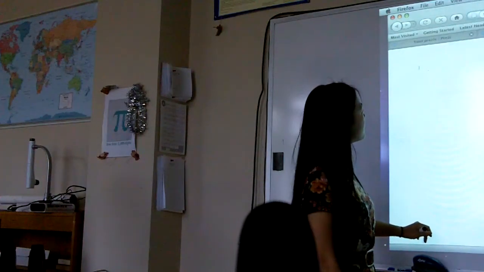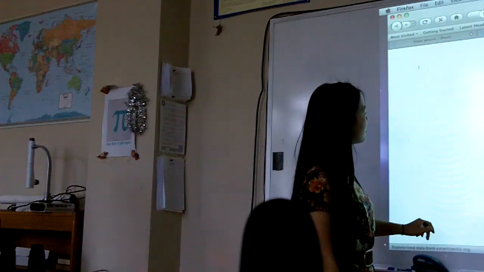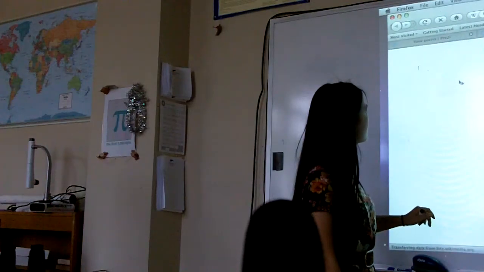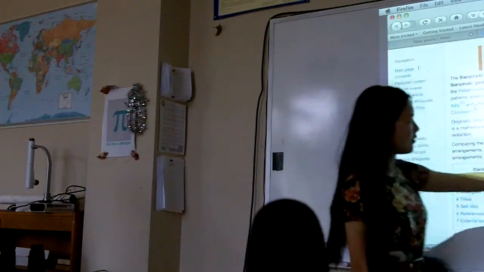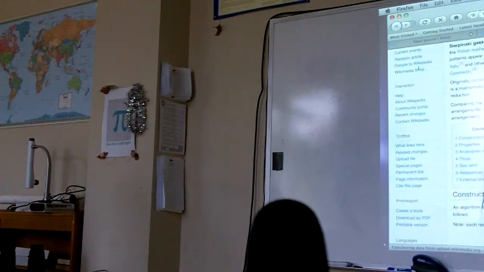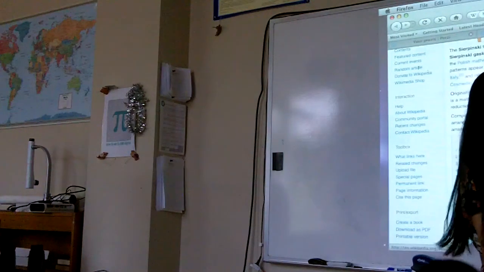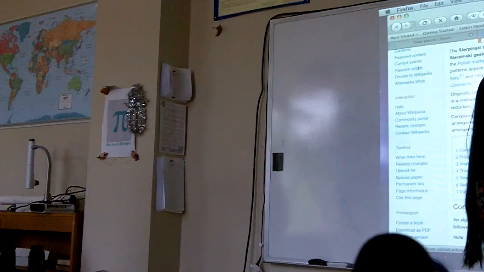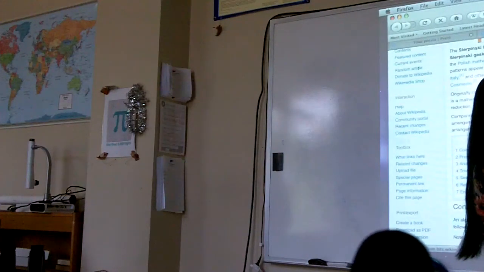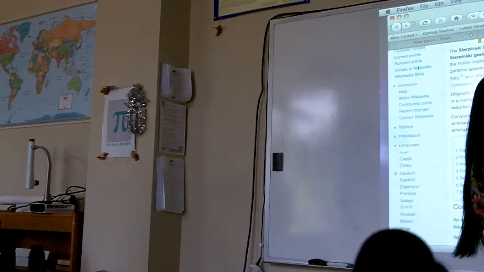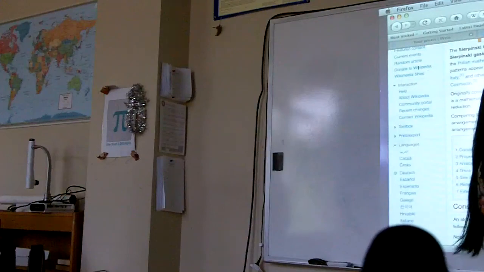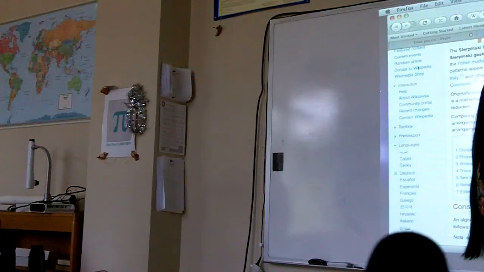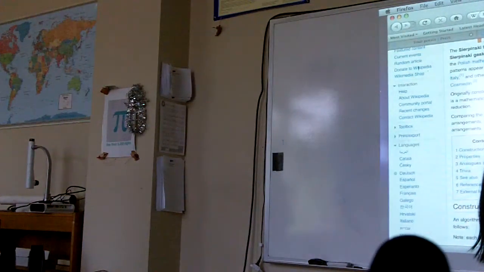Okay, so here. Why is it log 3 over log 2? Why are there only 3 similar triangles?